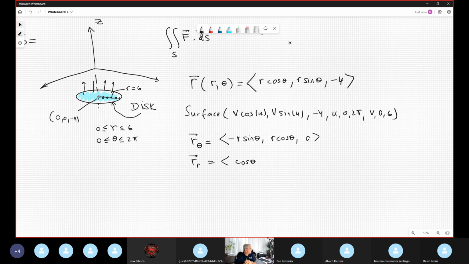You consider that theta is constant. The derivative of r with respect to r is 1, sine theta, 0 again, because the derivative of a constant is 0.